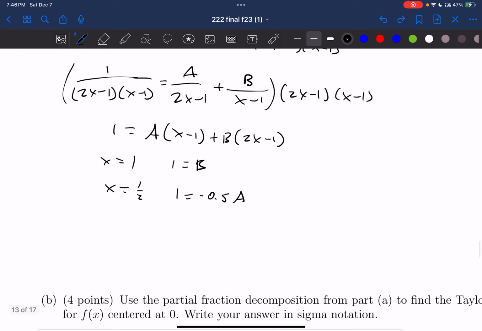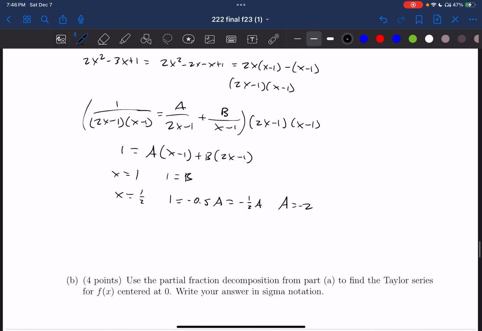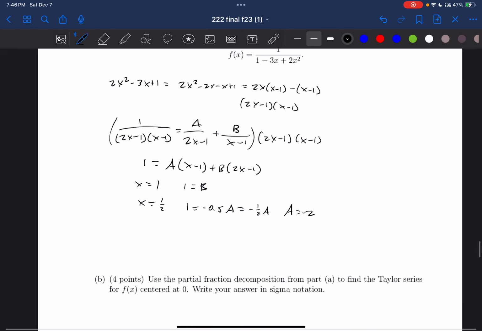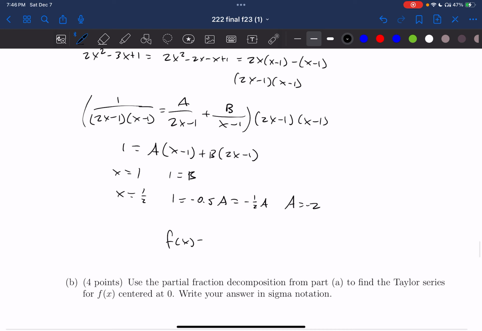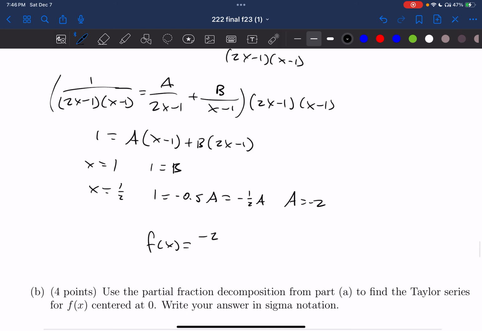It's going to be equal to negative 1/2 A. Okay, A is going to be equal to negative 2. So that makes sense, I guess. So we can say f of x will be equal to A, which is negative 2, over 2x minus 1 plus B, where B is equal to 1 over x minus 1. And that should be our answer.